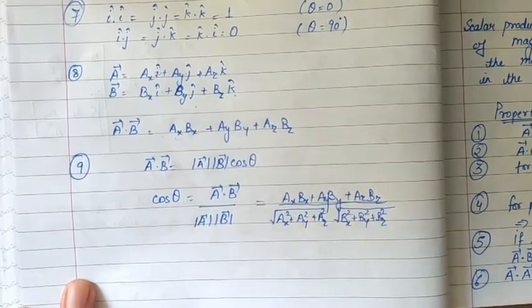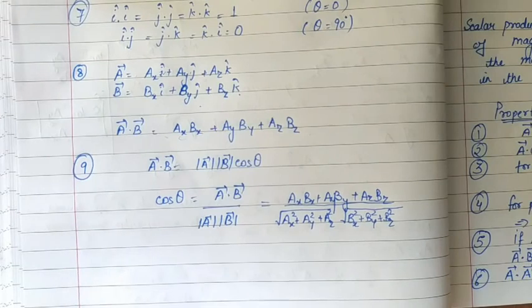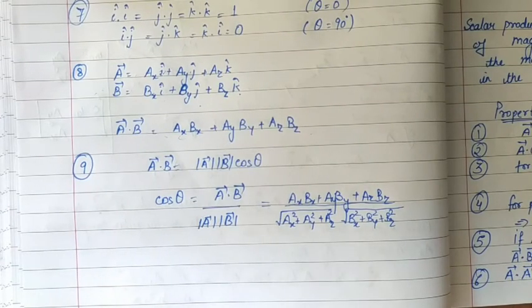So we can find the angle by finding cos theta for a vector and b vector.